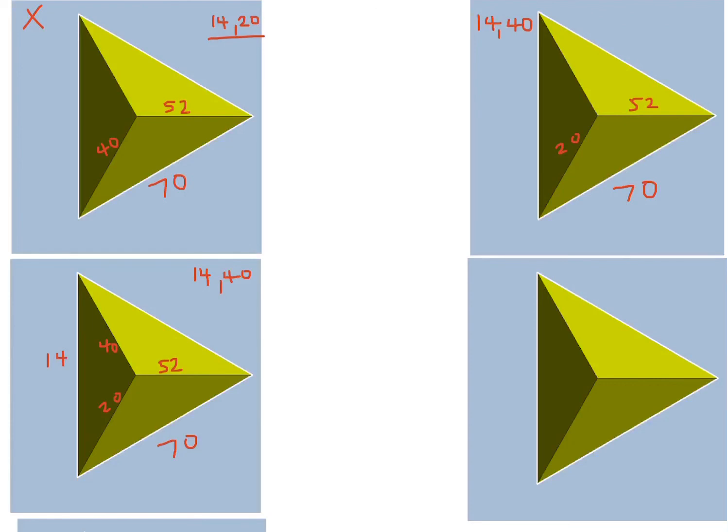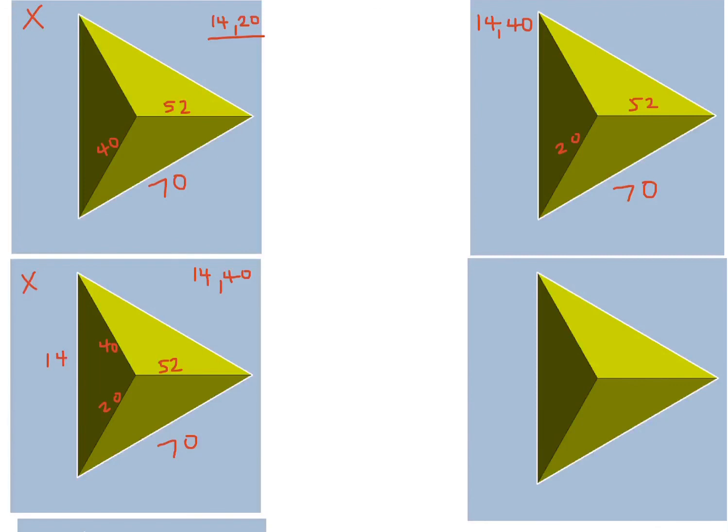Okay, does this work? 14 plus 40 is greater than 20. Okay, good. 40 plus 20 is greater than 14. 14 plus 20 is 34. It's not greater than 40. No. So unfortunately, this scenario, again, no good.